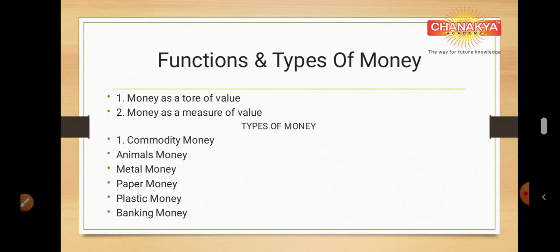We can use it as a medium of exchange, that is, now we do not need double coincidence of wants. The thing that I have in excess is not the same thing that is required by the seller. That is called double coincidence of want. That is no more there now.